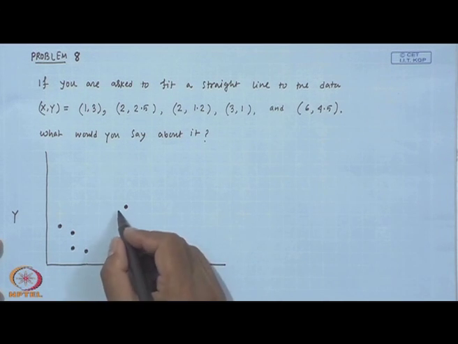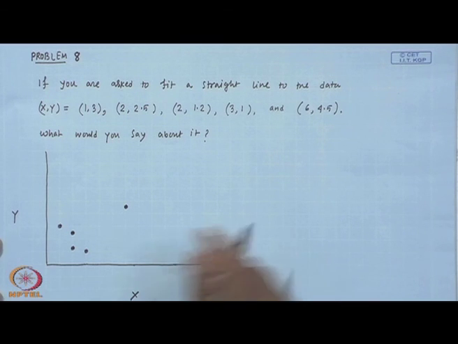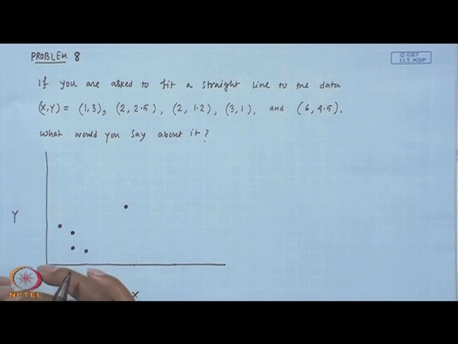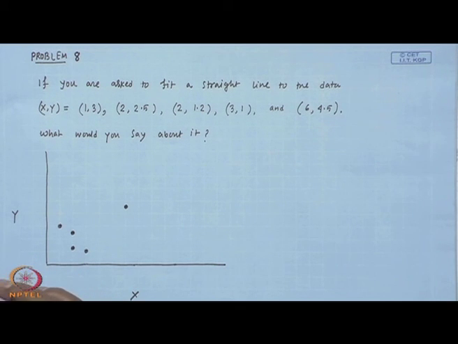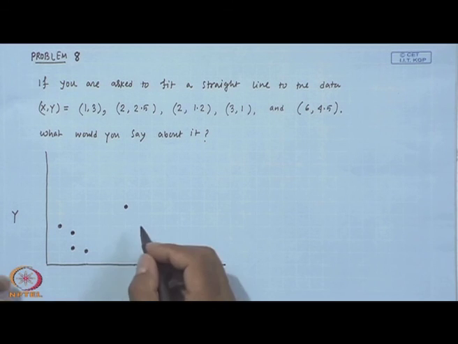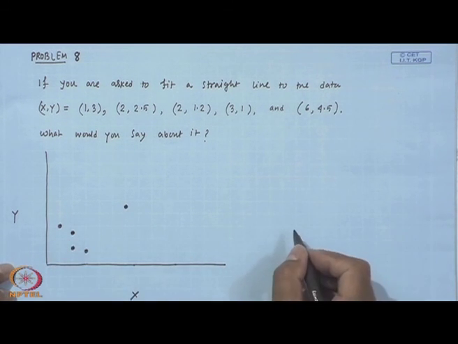So, that means at some point of time I talked about influential observation and leverage point. So, this point, this 6, 4.5, it seems to be an influential point, because this one is not in the general trend of the other data.